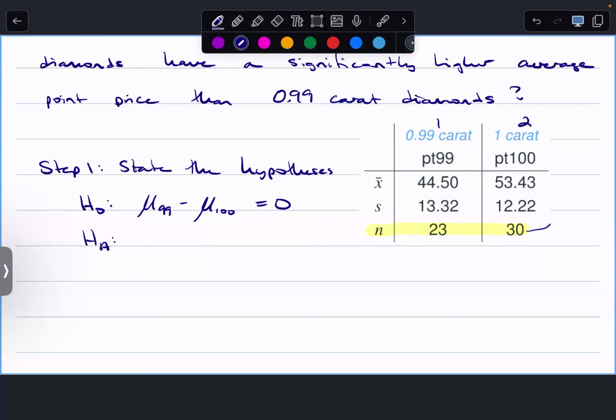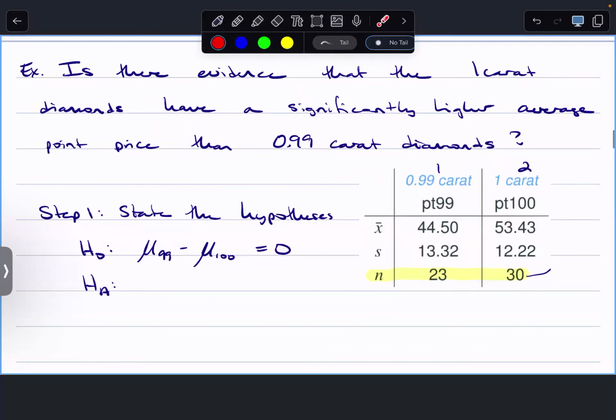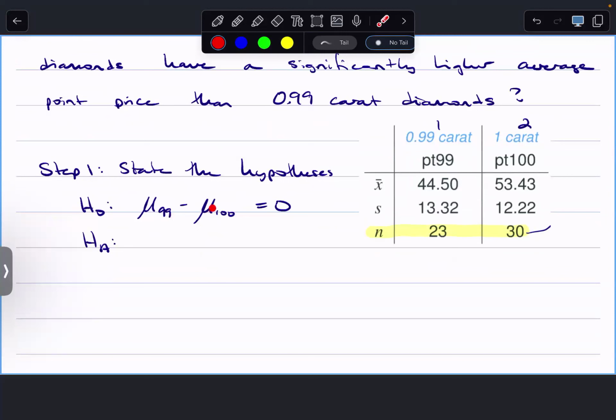So now, okay. We want to know if the 1 carat diamonds, which are the 100 pointers, have a significantly higher average point price than 0.99 carat diamonds. So now I need to think about how this difference relates to 0 if 100 is always higher than 99. Taking examples, let this be a 1 and this be a 2: something higher than 1, then I would get a negative number, -1, which is less than 0.